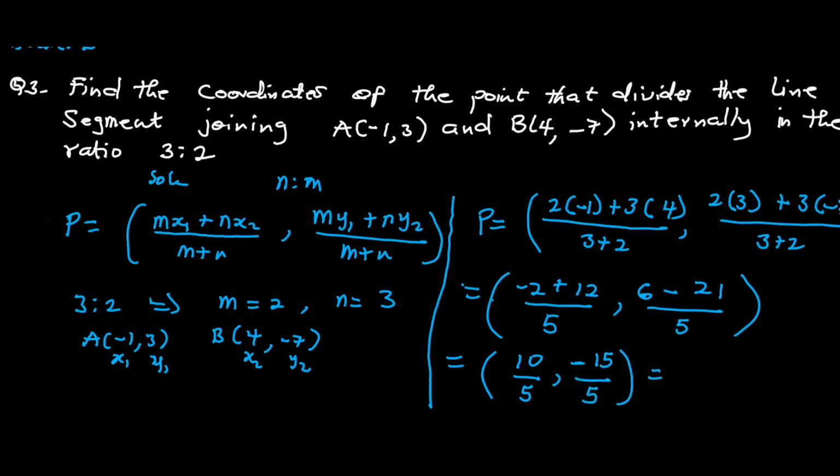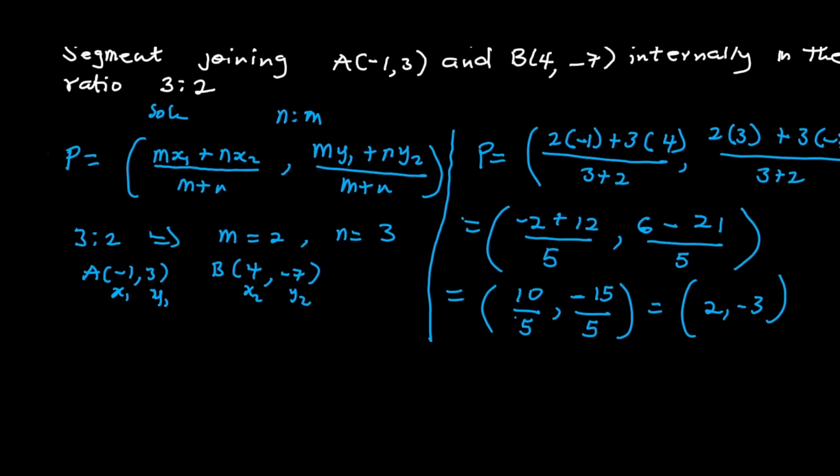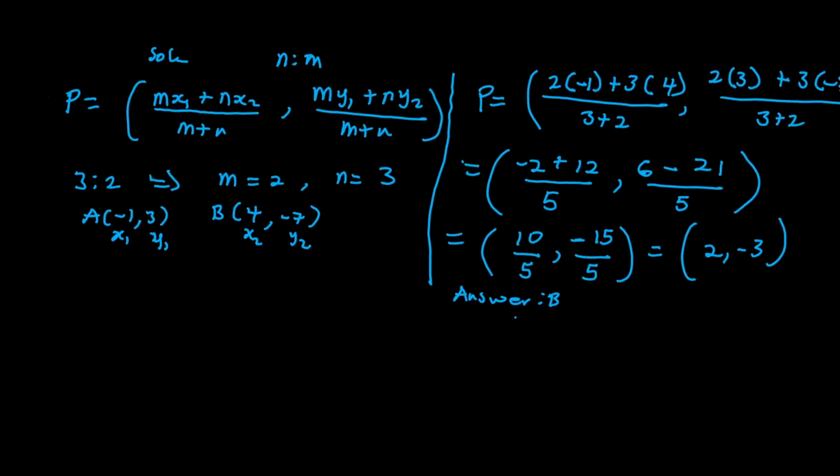If we simplify whatever we have there, we have (2, -3). And so the correct answer is B, which is (2, -3). So that is the coordinate. So the answer is B. Alright. So now let's move on to question 4.